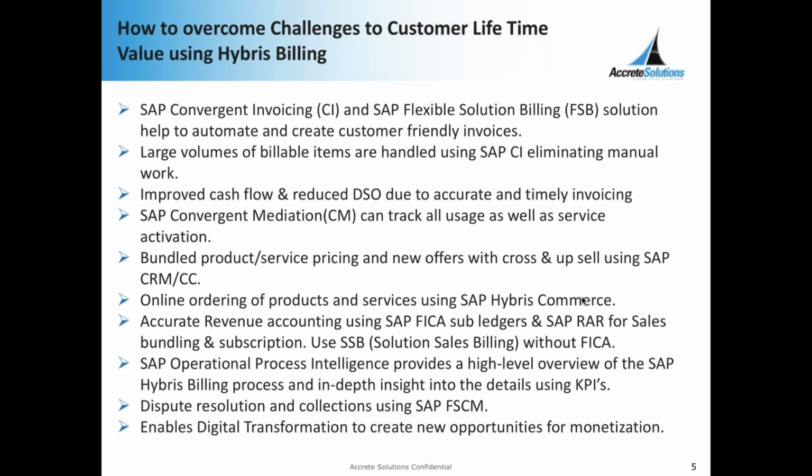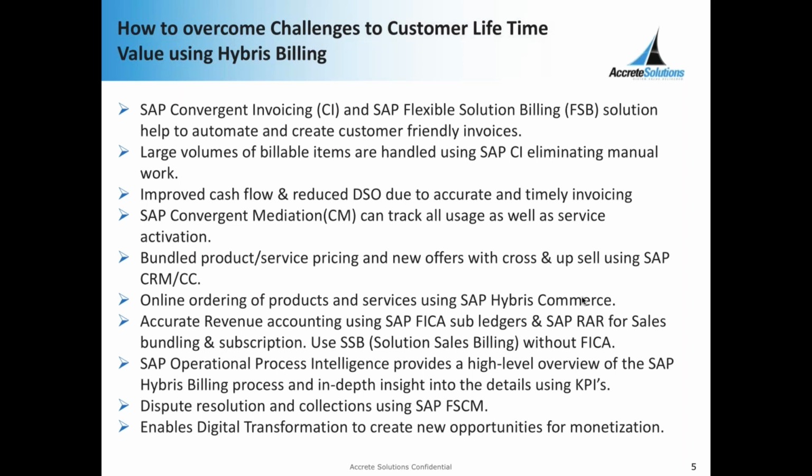Once you get this large volume of data, how do you make sure that the pricing and the usages are calculated correctly? That is done by a system called convergent charging, which takes care of all the pricing and the rules for the pricing engine.